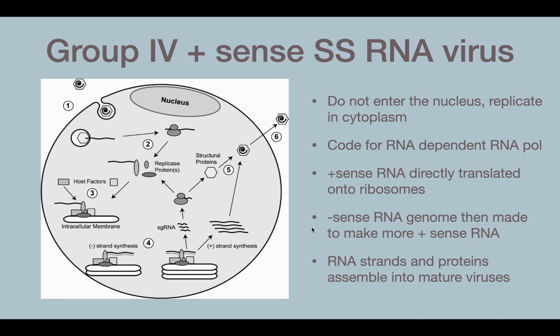And once it replicates, the negative sense genome is then made, and then from there it makes more positive sense RNA. So the RNA strands and proteins are going to assemble and then are going to be budded out, or the cell's going to lyse. In this case, it's a single-stranded RNA virus, so there isn't a need for complementary strands.